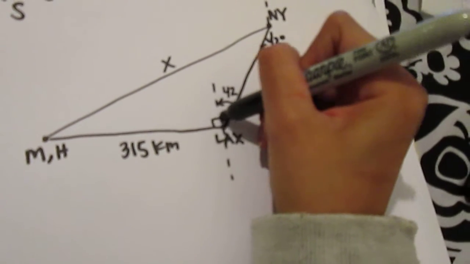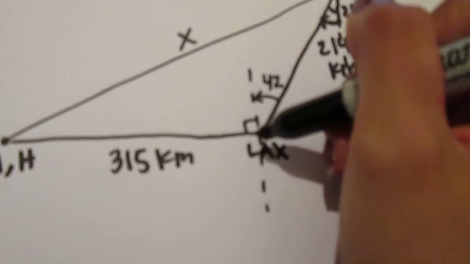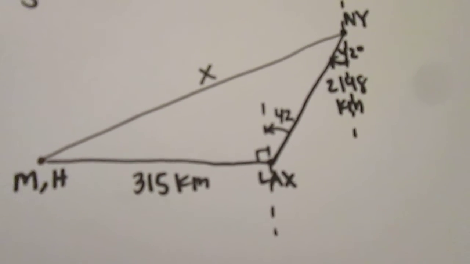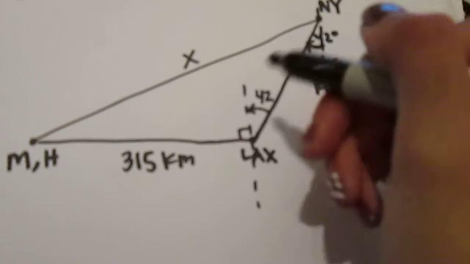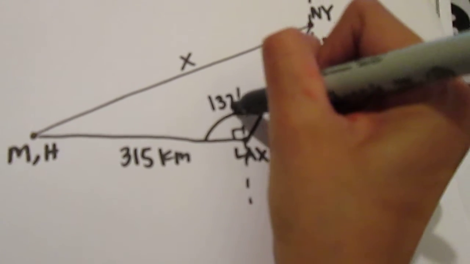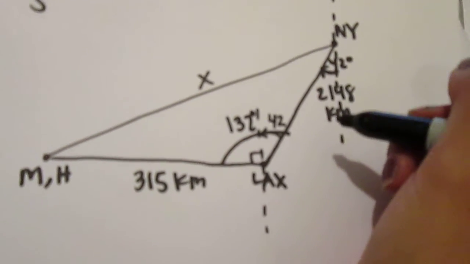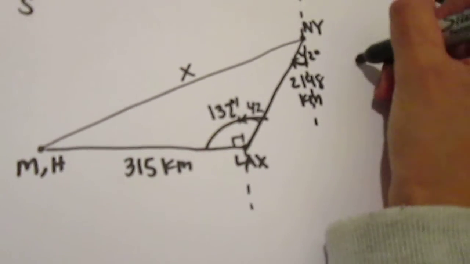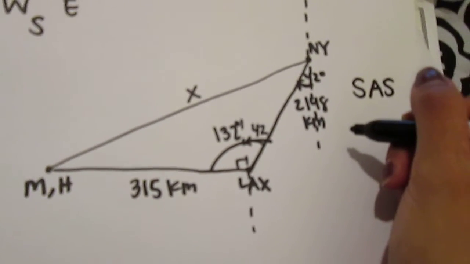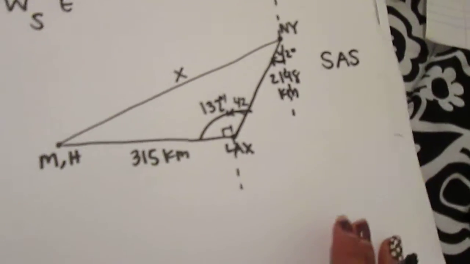And since this makes a 90-degree angle, we can add 42 and 90 to get a whole angle of 132 degrees. So we have side, angle, side, and we use the law of cosines for this.